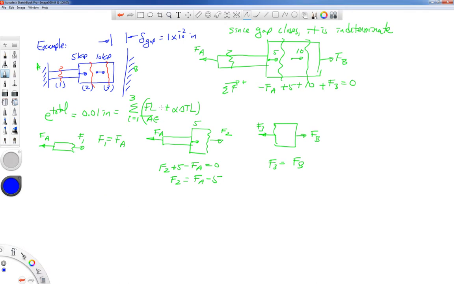Now, I go to my geometry of deformation equation, and I put in these unknown forces.